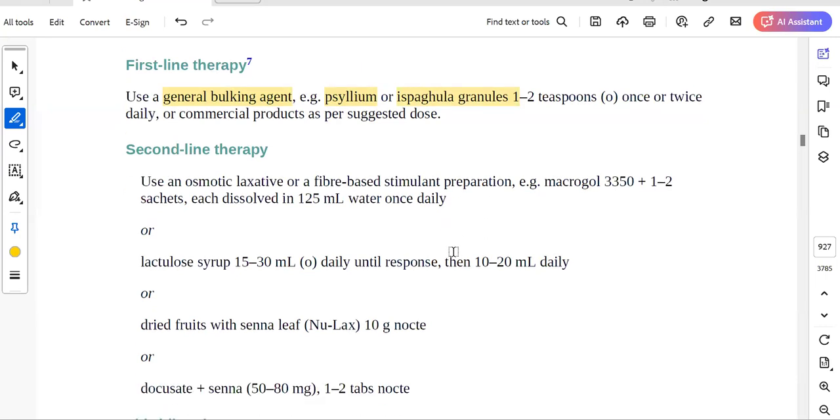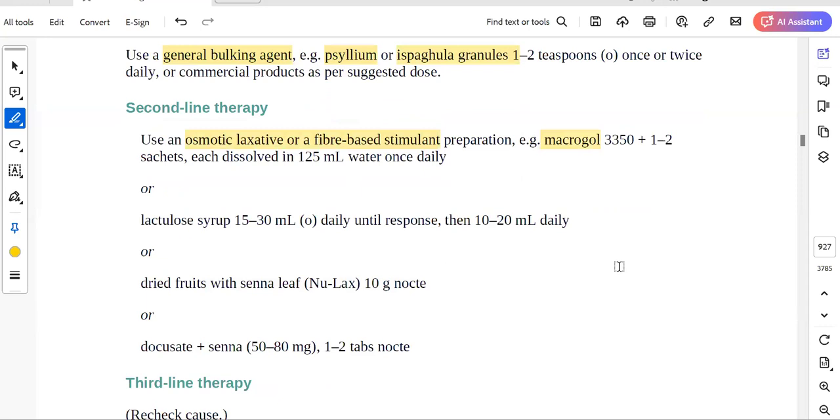Let's say they tried this dietary fiber, and it did not work. The second line is osmotic laxatives, which is commonly Macrogol, known as Movicol in Australia, lactulose syrup, or Docusate plus Senna. This second line therapy is very commonly used.